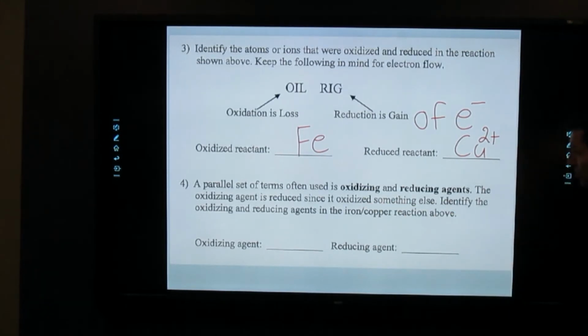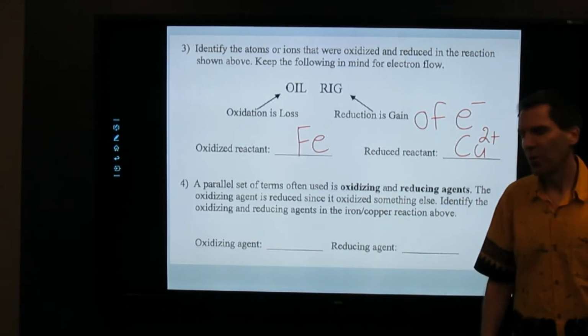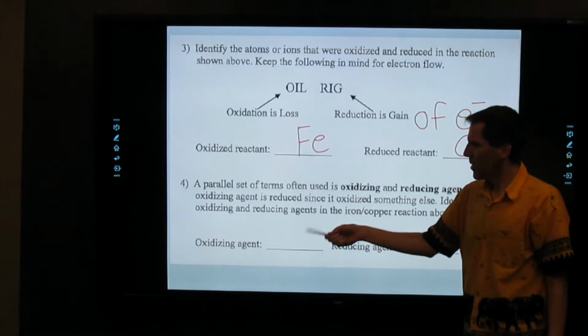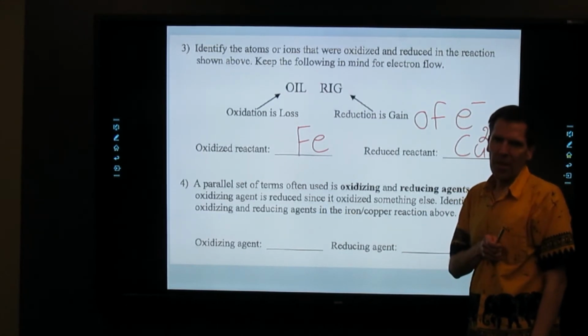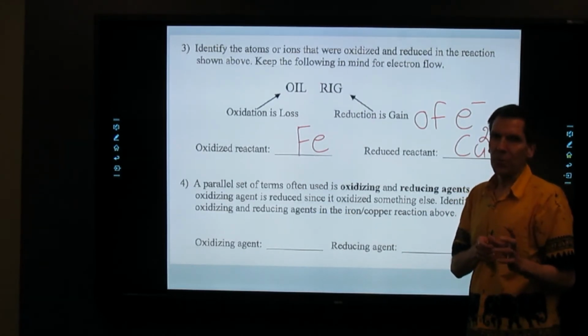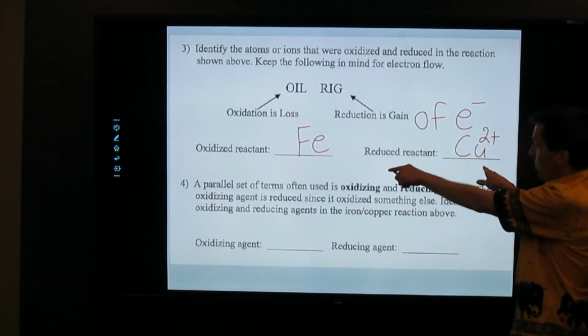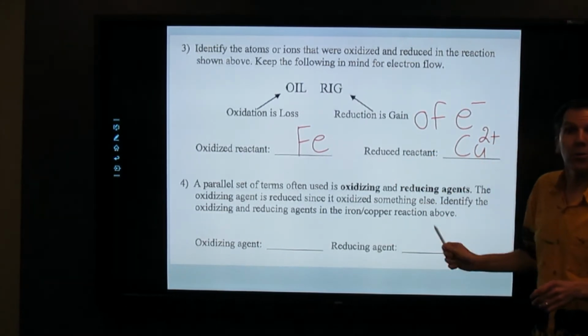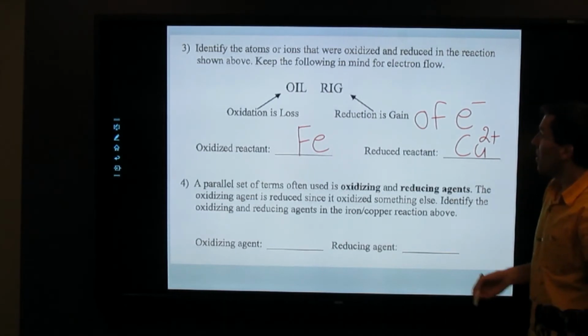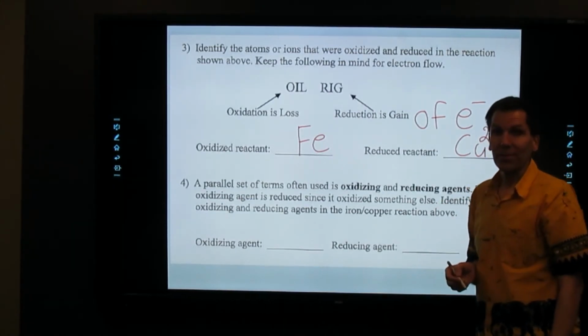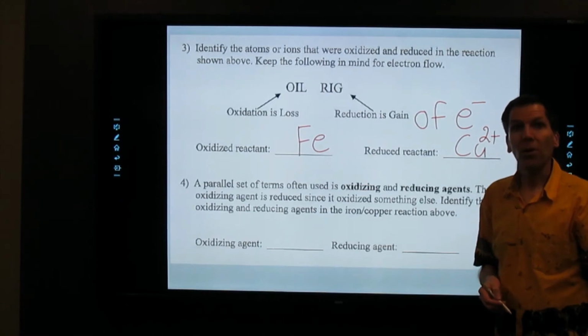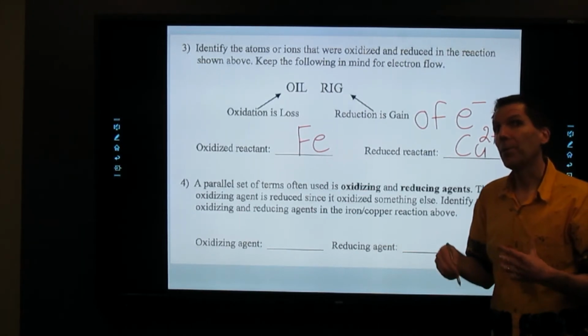These parallel terms describe the action that is going on. So the oxidizing agent is the item that is doing the oxidation. If you can name these two up here, you just do a crisscross effectively. The oxidizing agent is the item that has been reduced because it oxidized the other item.